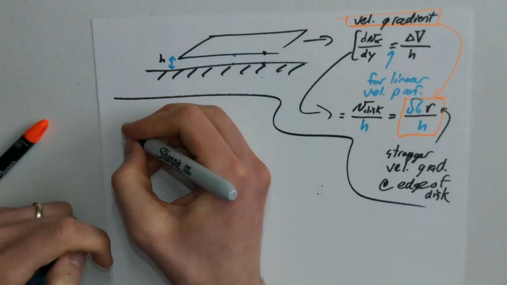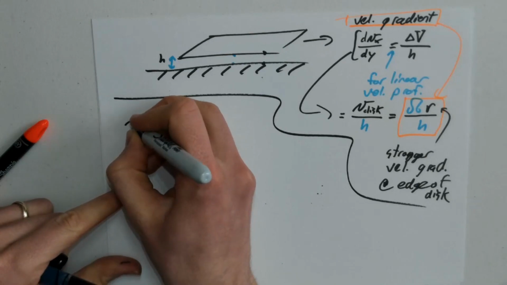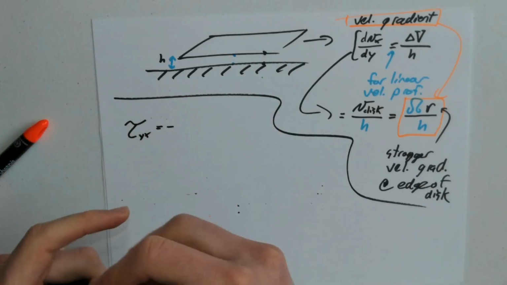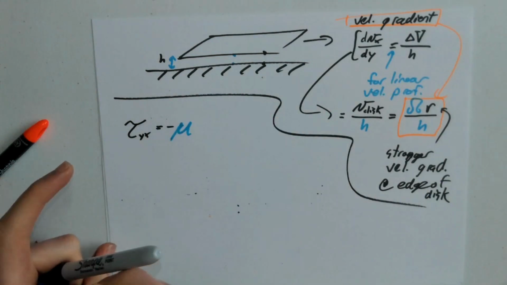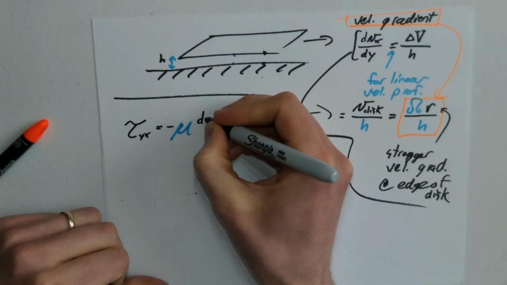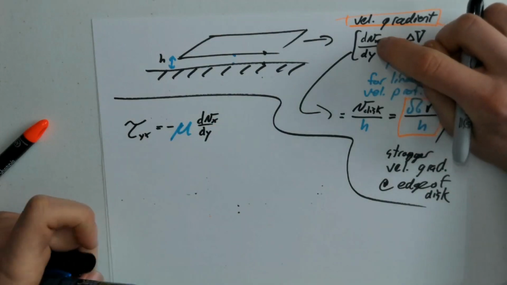The relationship between shear stress and velocity gradient for Newtonian fluids is tau yx equal to minus mu times the velocity gradient. So in this case, dy.